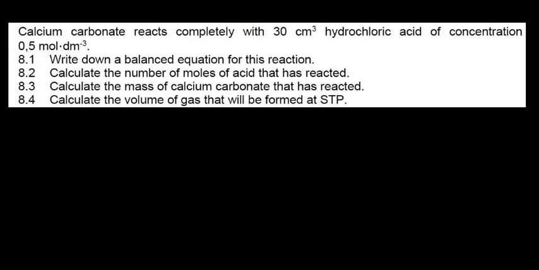Now this one in particular, since they say calcium carbonate reacts completely with 30 centimeter cubed of hydrochloric acid of that concentration, we must know how to write calcium carbonate. In term 1, you must have learned how to name compounds.